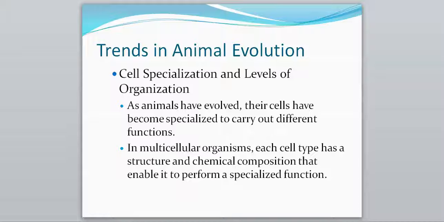Each of those cells is in that specific area because it does a specific job that helps us survive overall. If we had lung cells up in our brain, we probably wouldn't be doing too well right now. So in multicellular organisms, humans being one of those, each cell type has a structure and chemical composition that enable it to perform a specialized function.